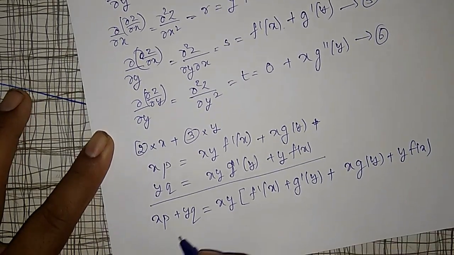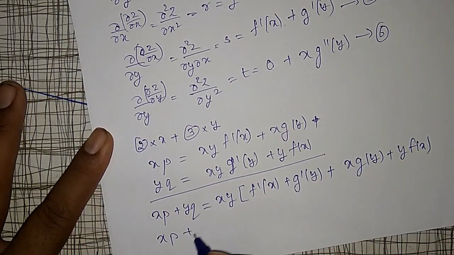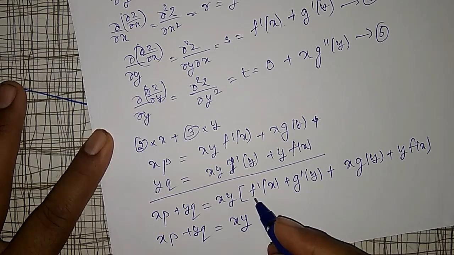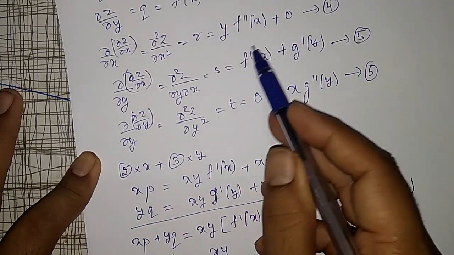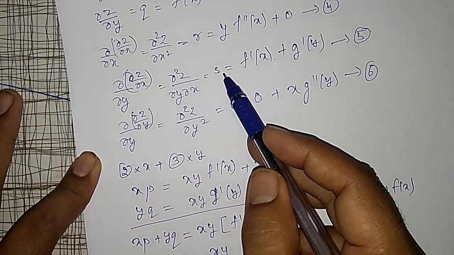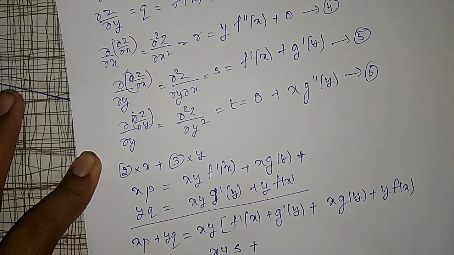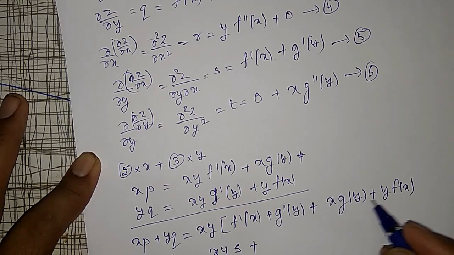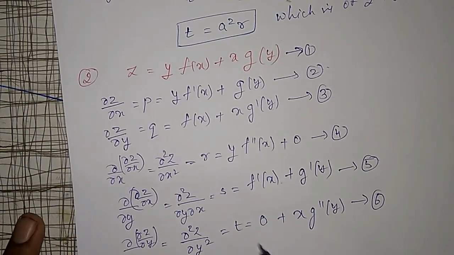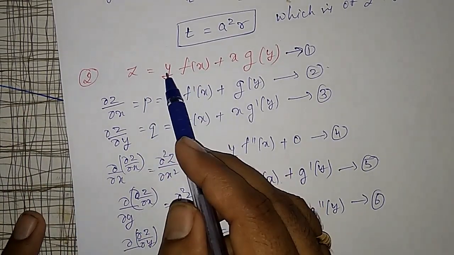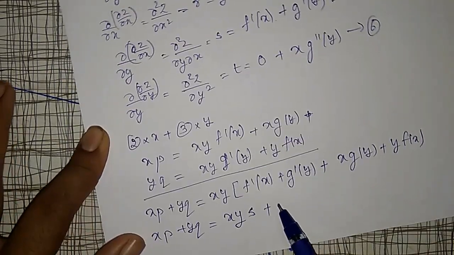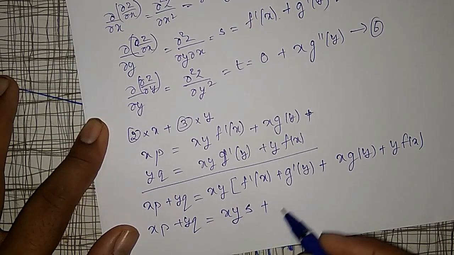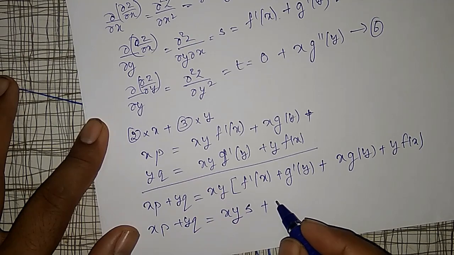Therefore xp plus yq is equal to xy into f dash of x plus g dash of y, which is nothing but our equation number 5, I can replace it by s, plus x g of y plus y f of x, which is nothing but our equation number 1, given x into g of y plus f of x is nothing but z. Therefore I can write it as xy s plus z.